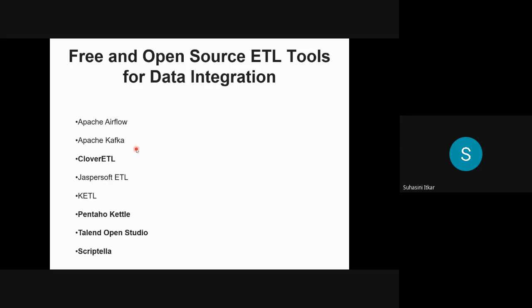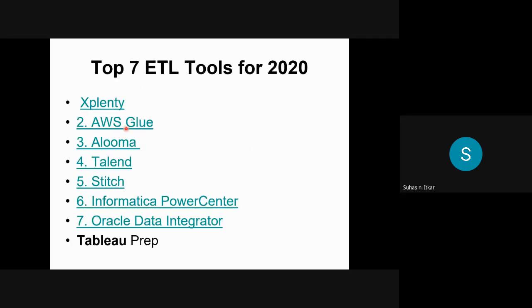These are both free and licensed software, but these are the top 7 ETL tools. Informatica is a licensed tool. Oracle Data Integrator is a licensed tool.